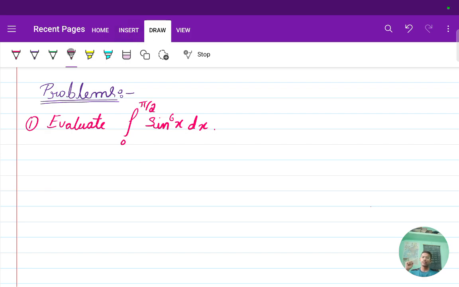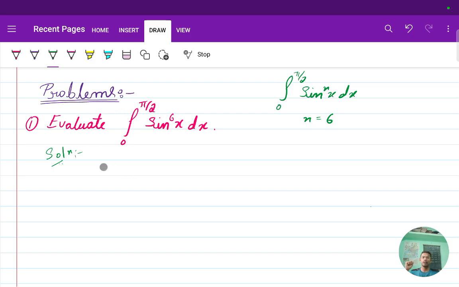Let us solve this. Solution: when we compare this to the reduction formula over 0 to pi by 2 of sine power nx dx, we know that the value of n is equal to 6 here.